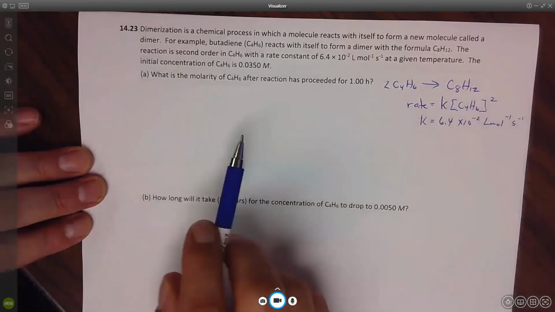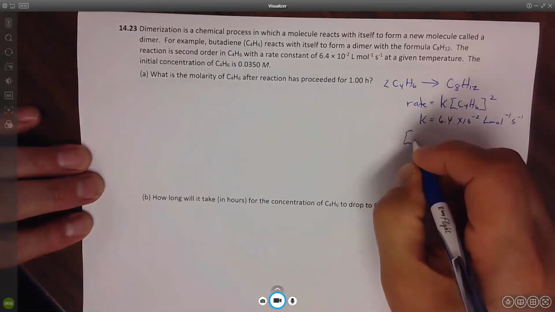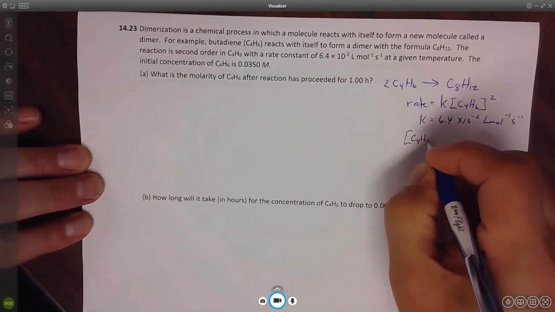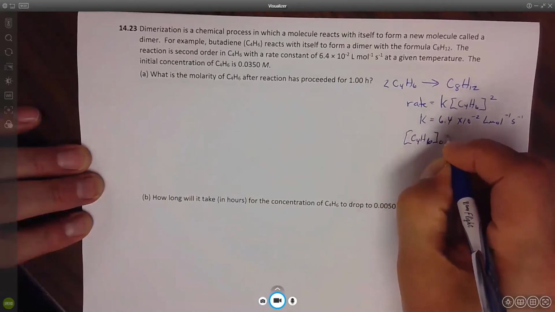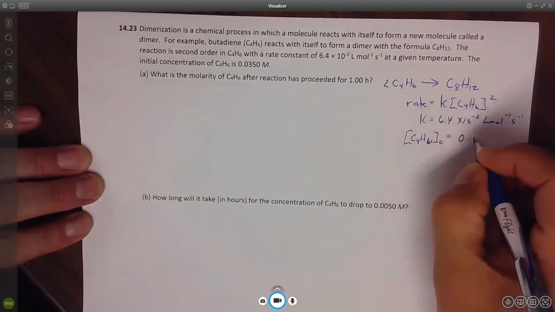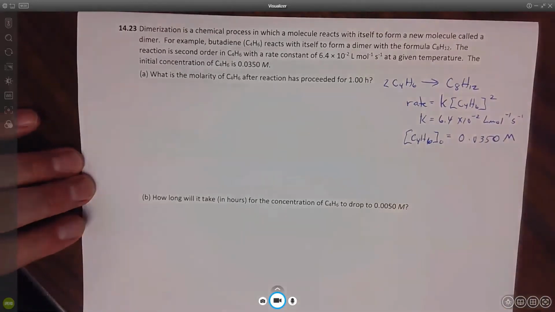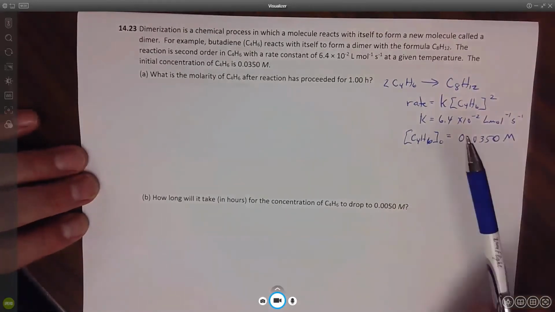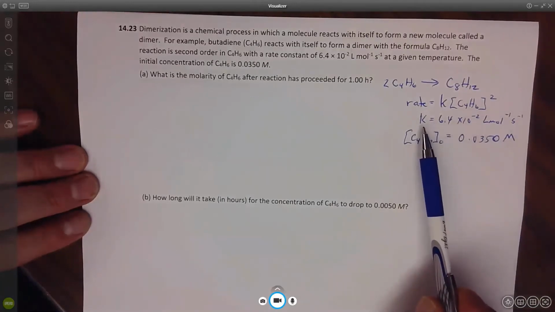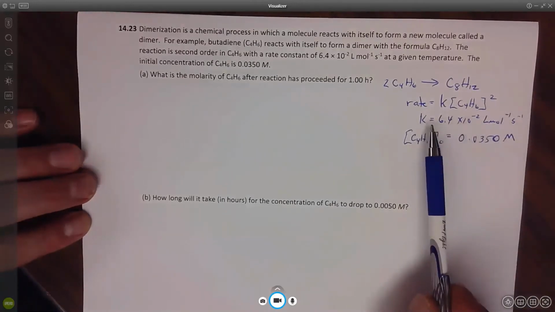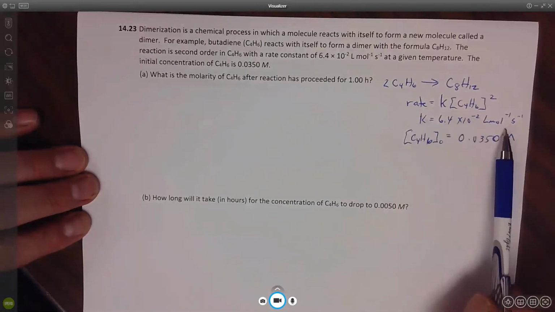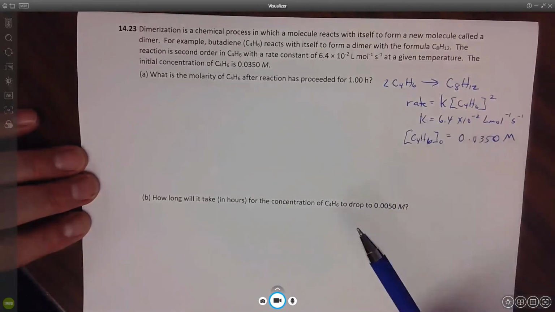And the initial concentration, which we would write like this, is 0.0350 molar. Again, I encourage you to write the variable with the value in units. This is going to help you to solve these problems and to choose what equation you need.